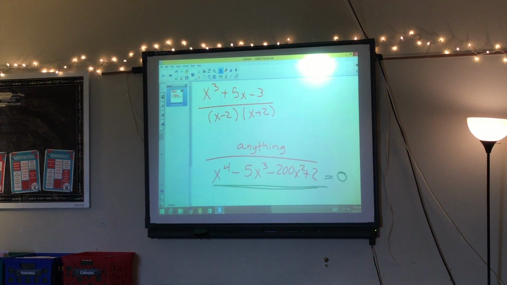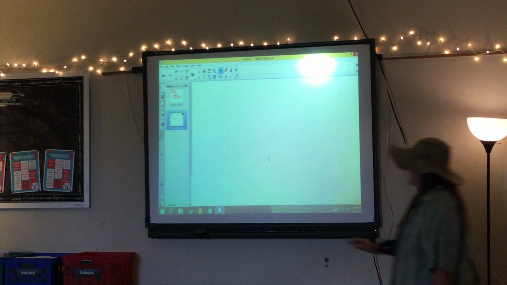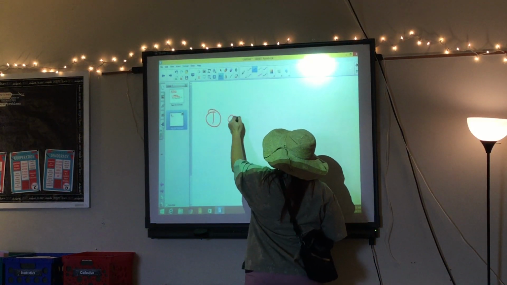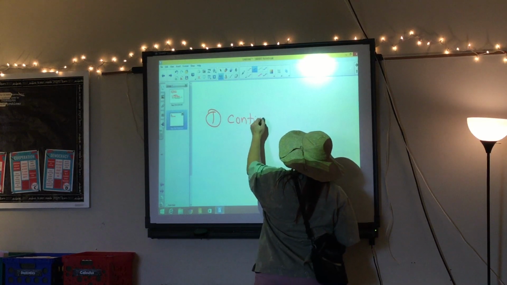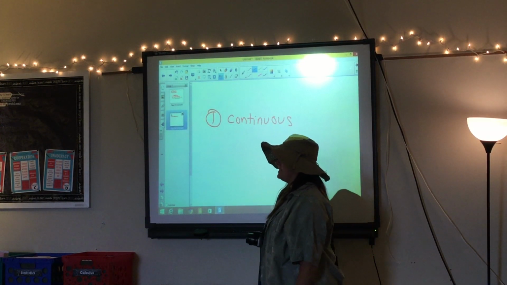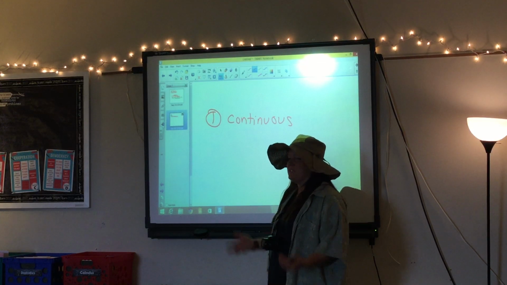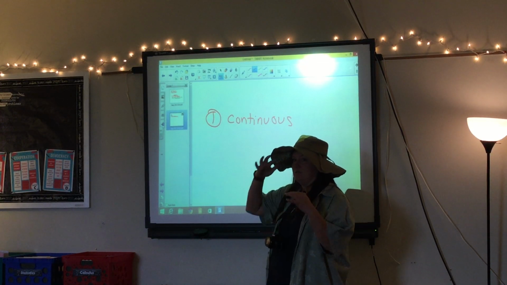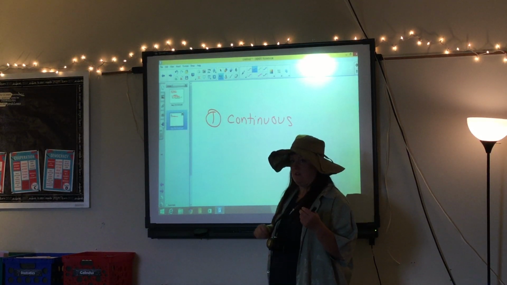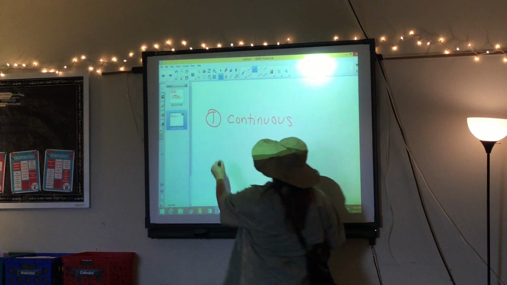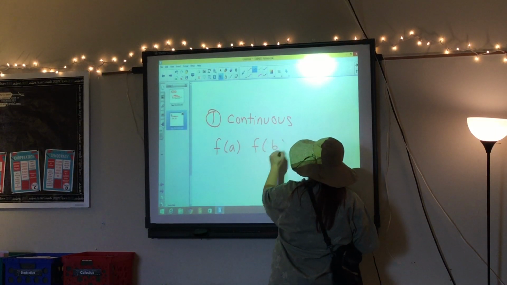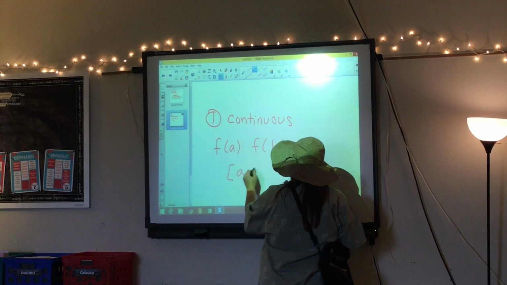You guys remember that the intermediate value theorem says that if a function is continuous, it guarantees a value in between two other values. Yeah, the two values they give you, right? So it'll say we have f of a and f of b, and we have an interval from a to b.